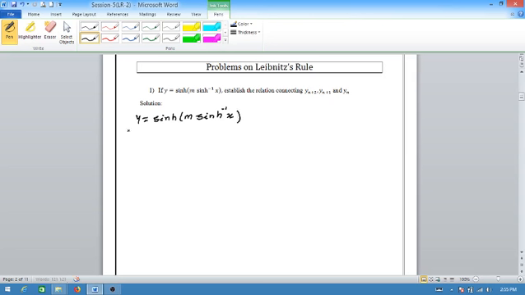Differentiating with respect to x, y1 is equal to cos hyperbolic m into sine hyperbolic inverse x, into m as constant. The differentiation of sine hyperbolic inverse x is 1 divided by root of 1 plus x square.